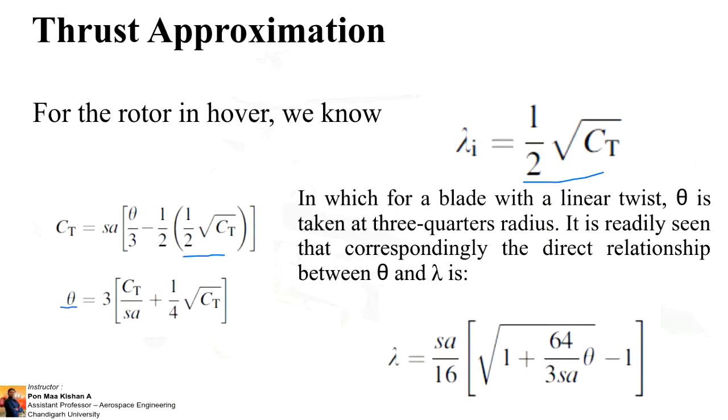Correspondingly, if I want to calculate the pitch angle to make the helicopter hover in the air at any altitude, I need to set the pitch angle in this way. The pilot has to maintain the pitch angle so that theta is equal to 3 times, if we cross multiply everything towards here, the coefficient of thrust divided by S, the solidity factor, which is the rotor area divided by the disc area.